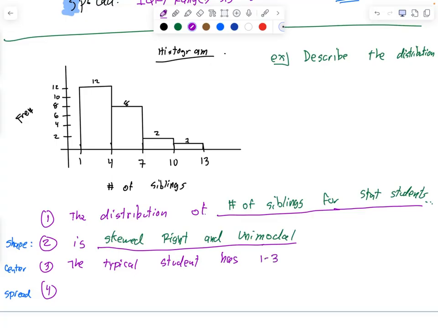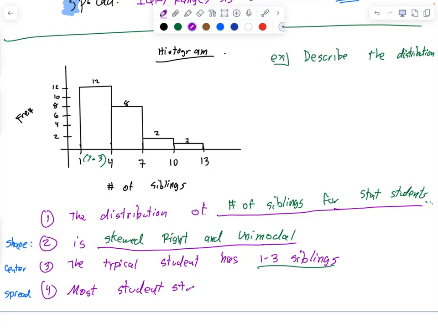No, that's just all the way to 7. That's too far. 1 to 6. Most students have 1 to 6 siblings. Now, the reason why, because look at this, remember, this only goes up to 6. 7 is counted in here. So this is 1 through 6. So this would be most. Okay, most of them. That's spread.